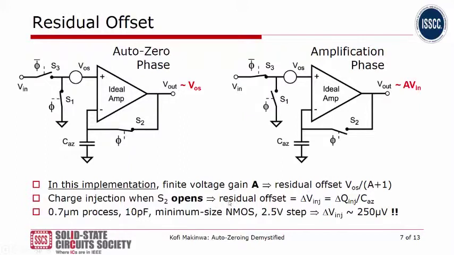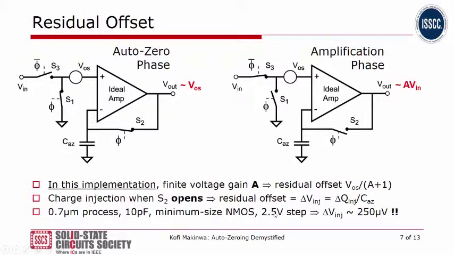And just to give an example, in a 0.7 micrometer process, if you would use a 10 picofarad cap with a minimum size sampling switch, NMOS, that will give you a charge injection of about 250 microvolts, assuming that you have a 2.5 volt logic transition change in the overdrive of the MOSFET.